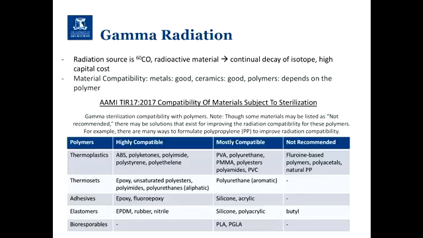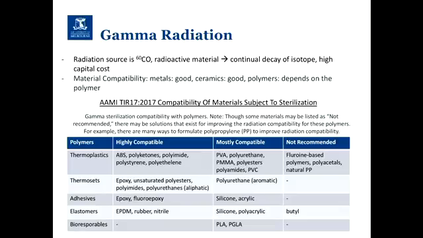Many of these plants, depending on how big they are, may be continuous, with devices always going through the plant being sterilised. But the actual source, the isotope, is continually emitting gamma radiation. So that's one of the downsides with this.